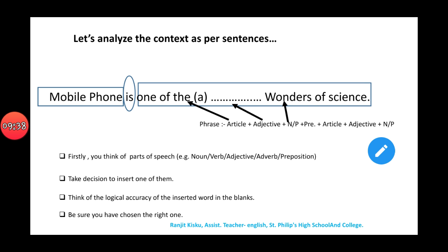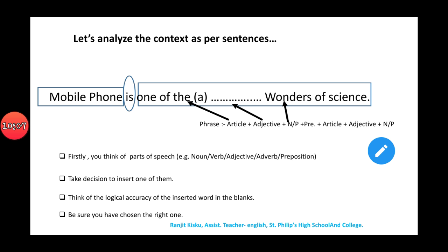So you just remember that. Okay, then we are sure that this gap requires an adjective. So what kind of adjectives will I put here? First, in my previous slide I have told you that the context is always based on situation.